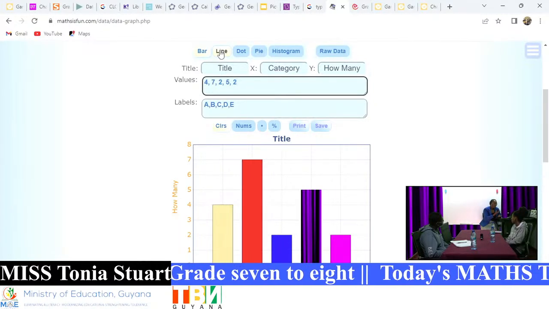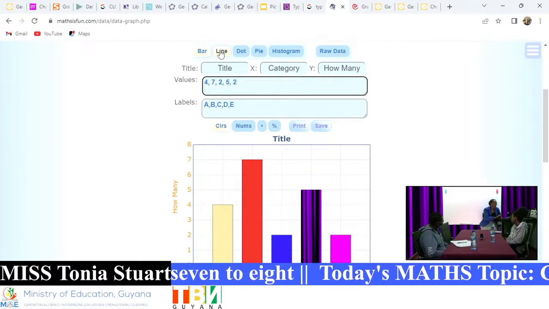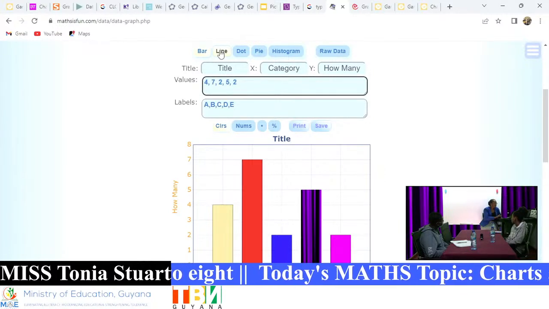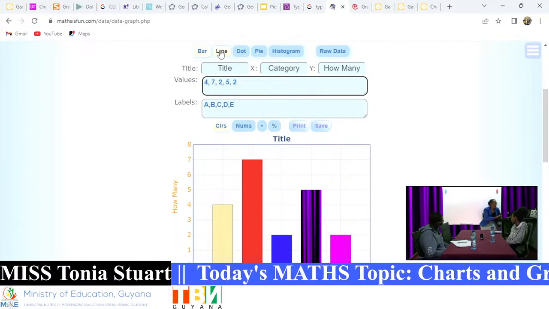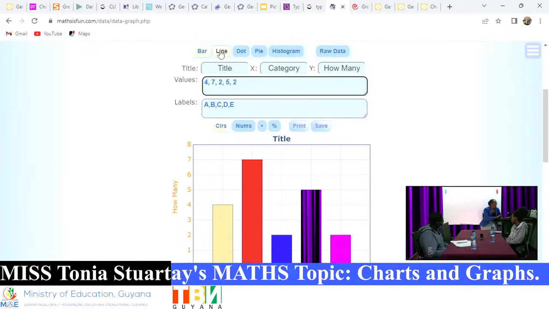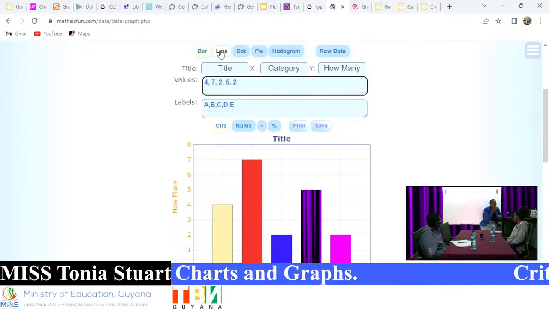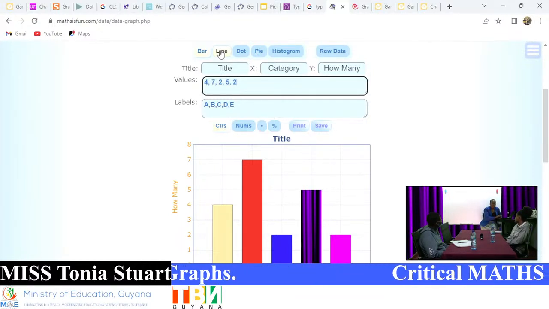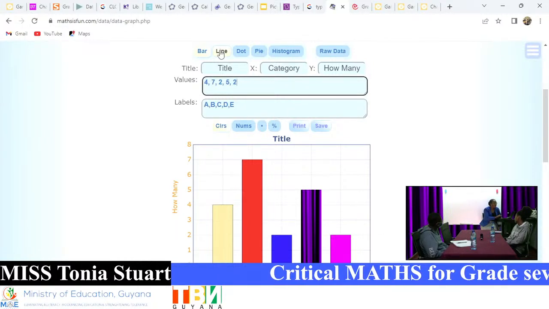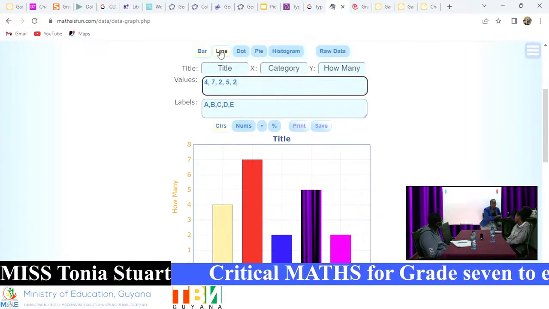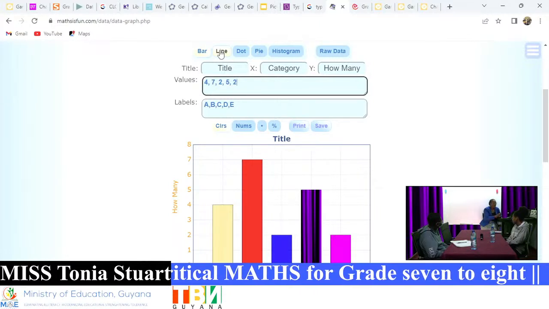You're not just saying we have 4 yellow marbles, 7 red marbles, 2 blue marbles. You're showing it physically, and you can have a visual picture of it.